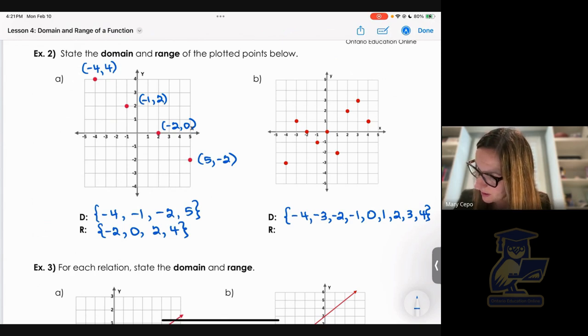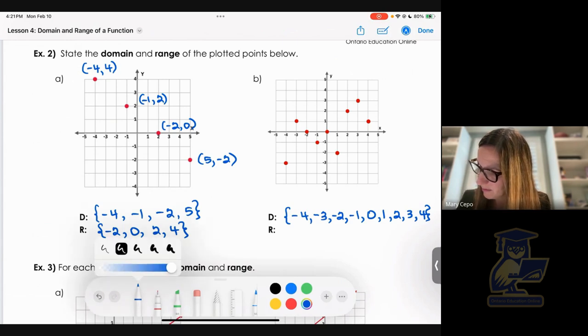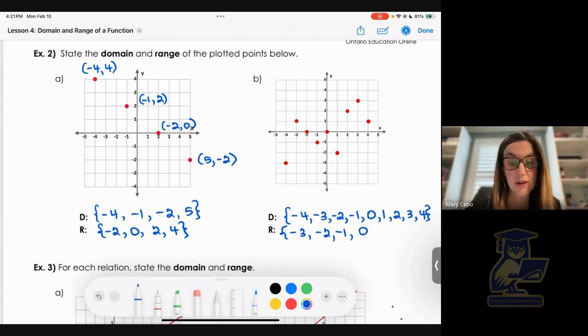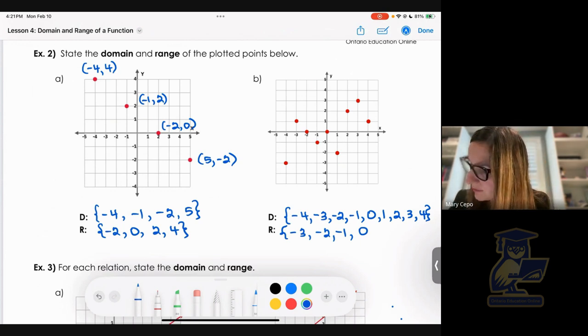So with the range, we have, okay, so we start at -3, -2, -1, 0. There's 2 points with a y value of 0, so we just have to list it once. Likewise, with 1, we have 2 here and here, so we just write it out once, 2, and 3.